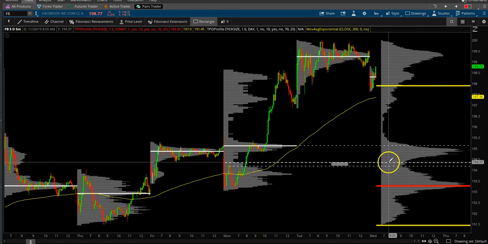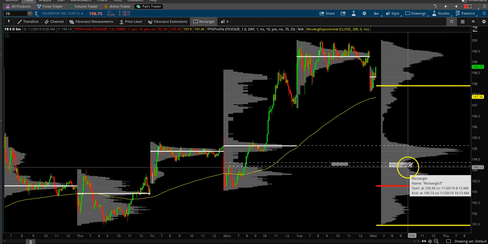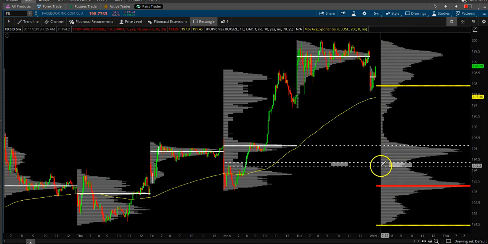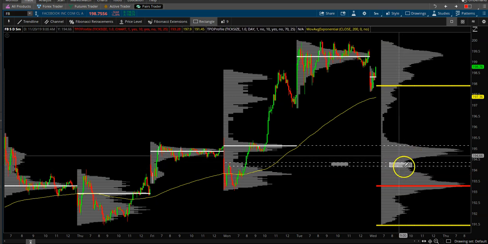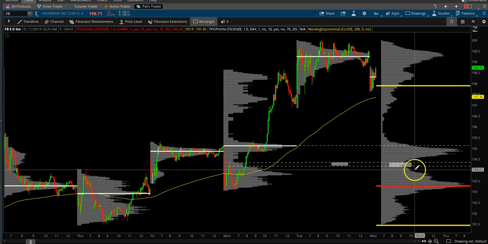The very first touch. Also, there's a low volume node right here that chances are if we fall, we would get overextended and then bounce back up and start to fill in and create a nice bell-shaped profile, right?